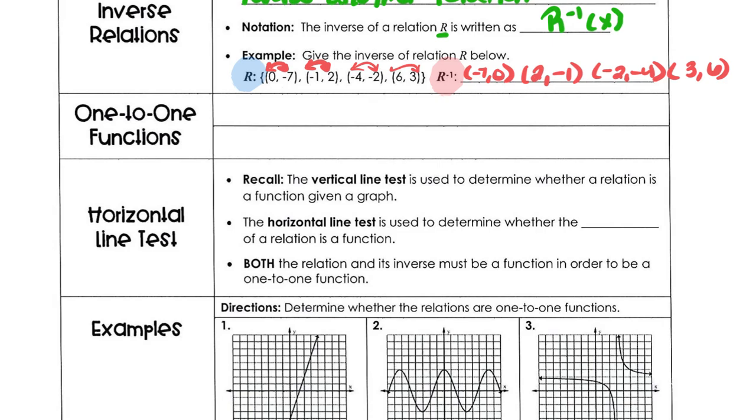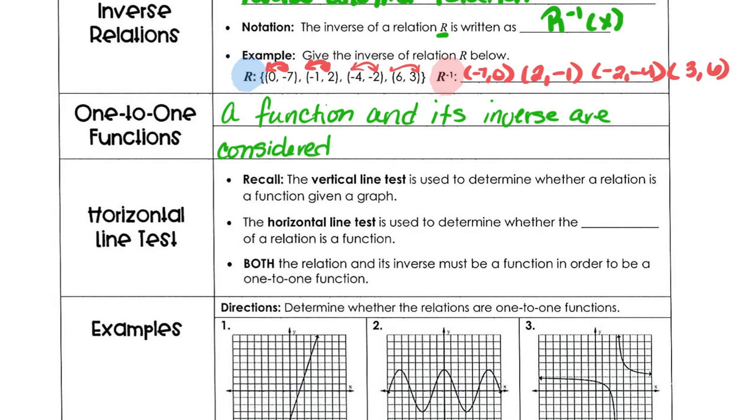And so the formal definition states that a function and its inverse are considered one-to-one if both are functions, or they pass the vertical line test.